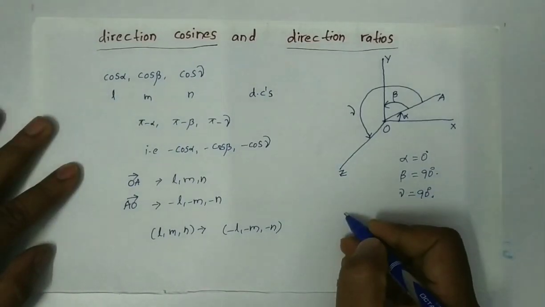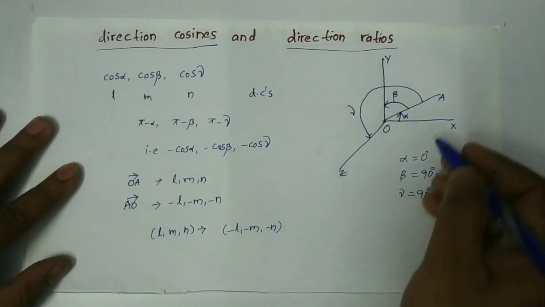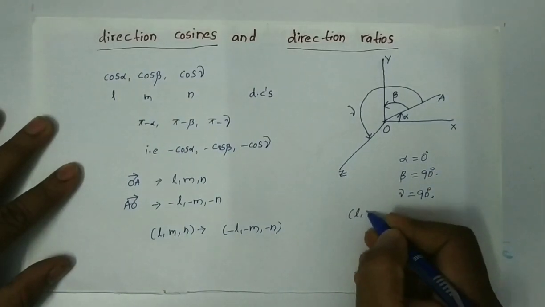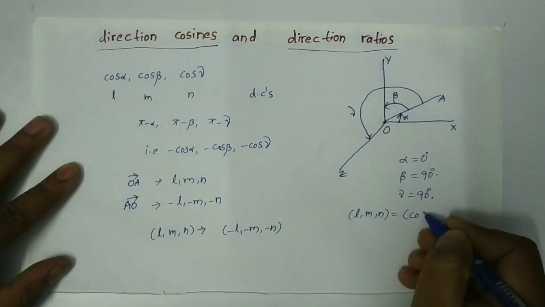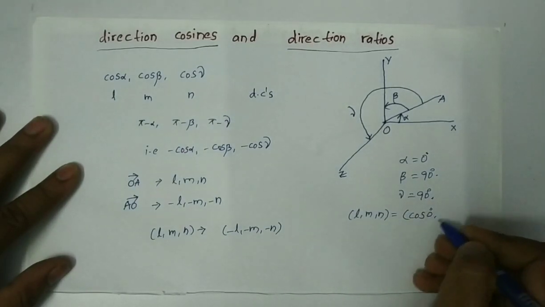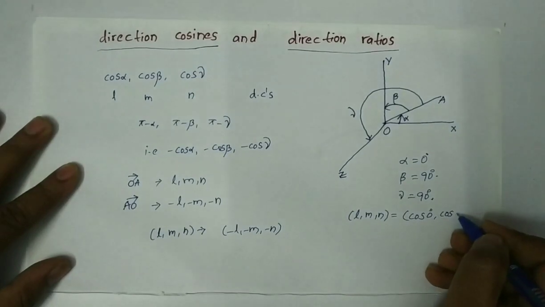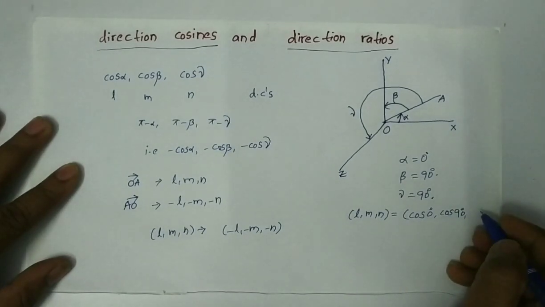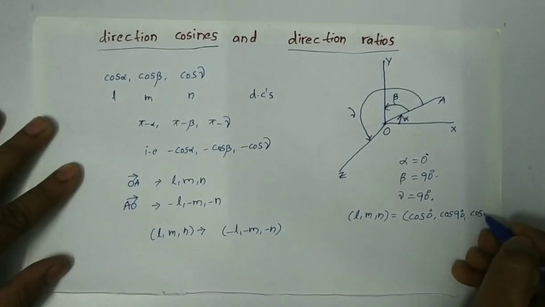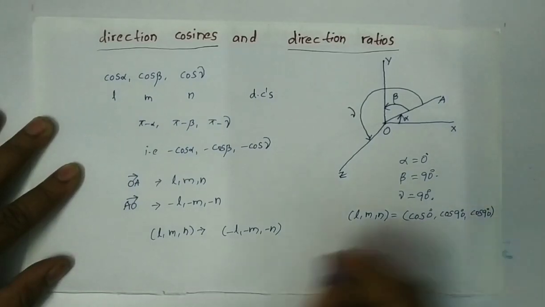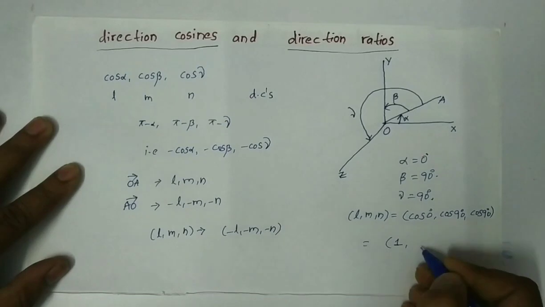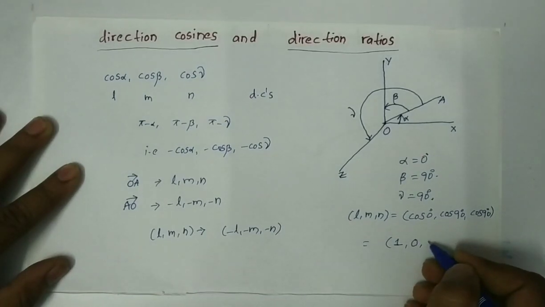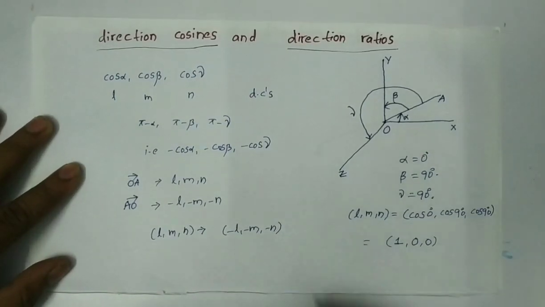So the direction cosines of the x-axis are L, M, N, where L is cos alpha, which is cos 0, M is cos beta, which is cos 90, and N is cos gamma, which is cos 90 degrees. Cos 0 is 1, cos 90 is 0, cos 90 is 0.